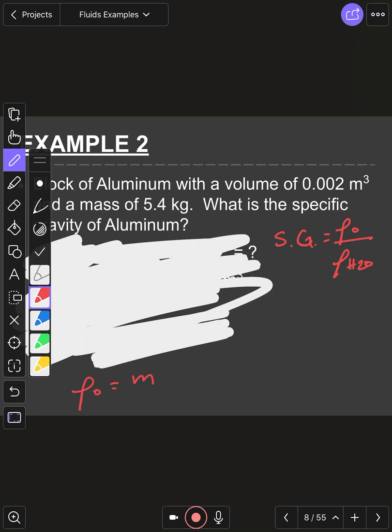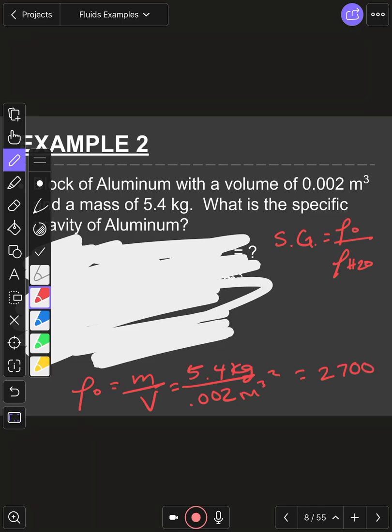Rho of the object, the density of the object, is going to be our mass divided by our volume. So the mass is 5.4 kilograms divided by 0.002 meters cubed. And I get 2700 for the density.